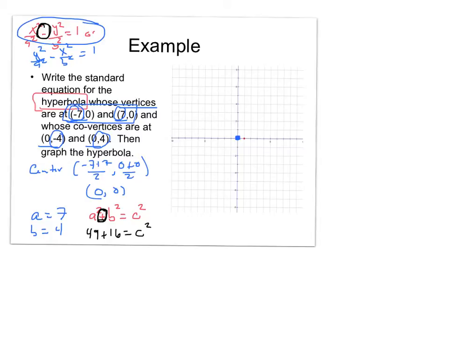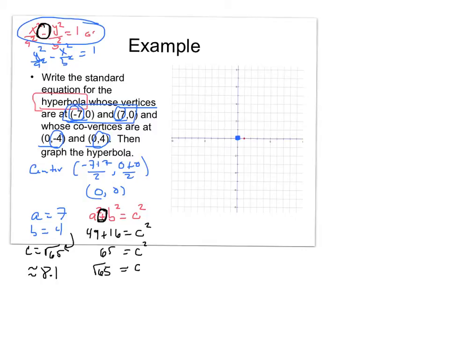And so c squared is going to equal 65, so c is equal to the square root of 65. For graphing purposes, this is approximately 8.1, and that way I know where to plot it on the graph. I need exact values, though, when I label everything.